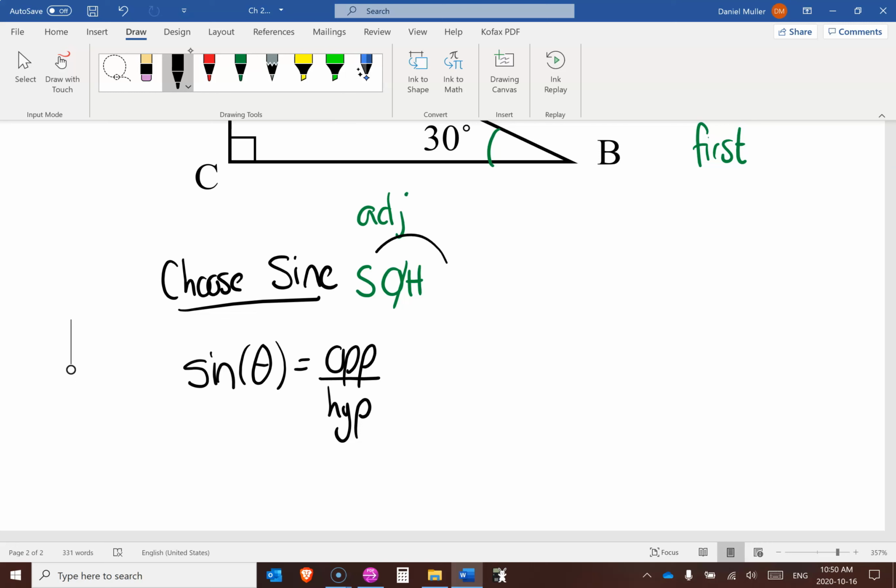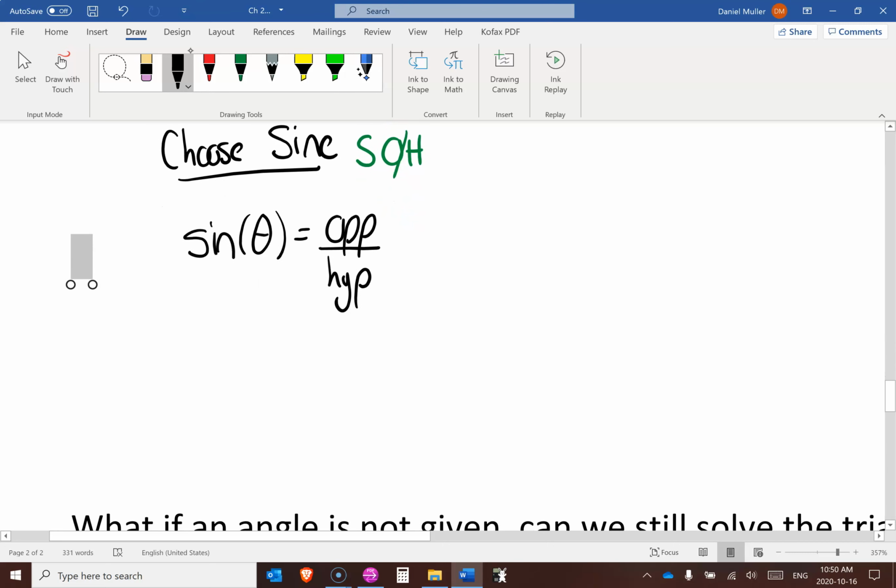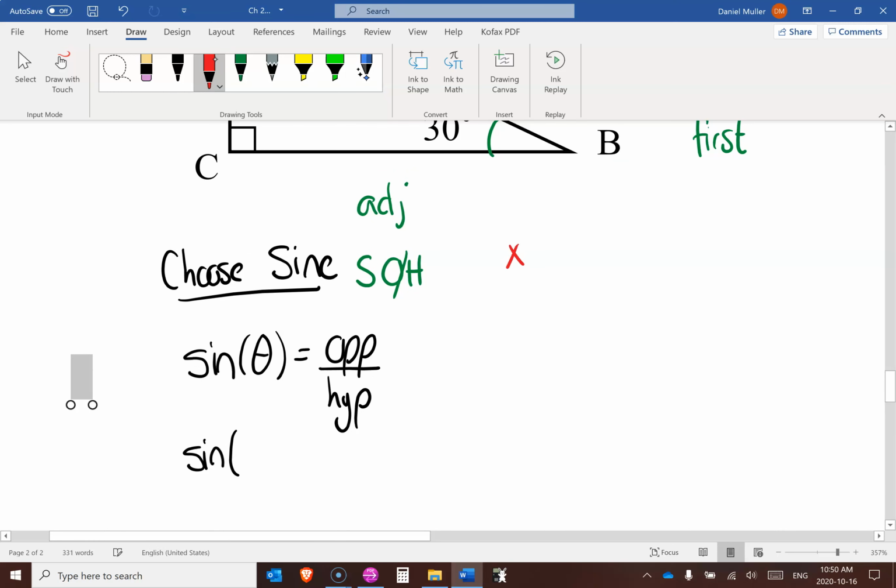Well, you saw O and H, so I did O divided by H, I just wrote the letters, opposite over hypotenuse, and I knew sine from the S. So this is our formula here. We can fill it in with sine theta. Maybe we can put a little note here. That little symbol, it's like a 0 with a line through it. That means your angle.